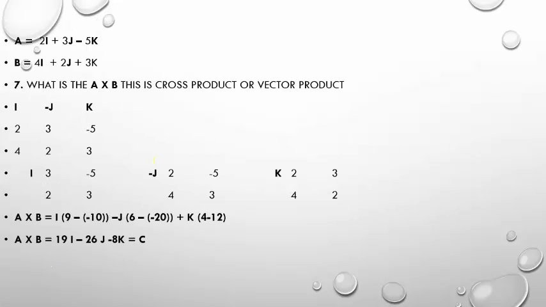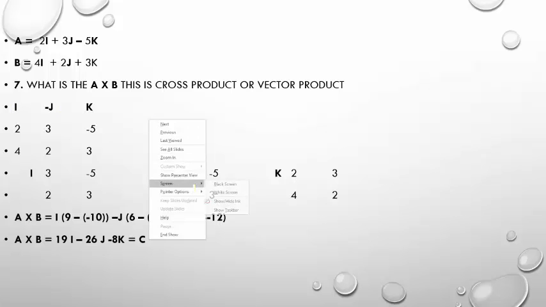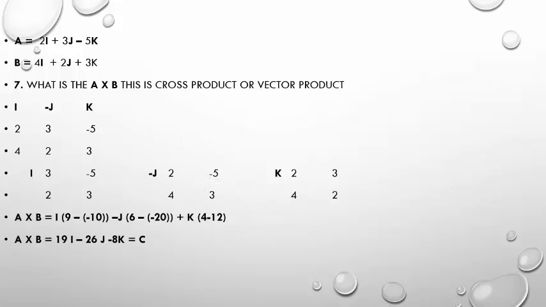Then the cross product of two vectors, that is A cross B. Note that B cross A is not equal to A cross B. The first thing you have to do is write it out in matrix form. We write I, minus J, then K. Then we have 2, 3, minus 5.